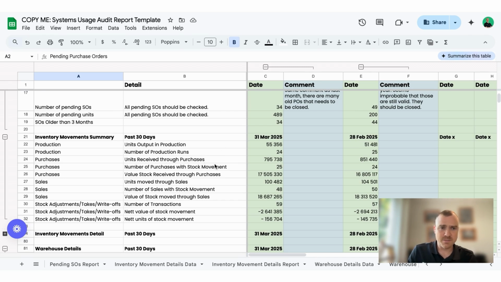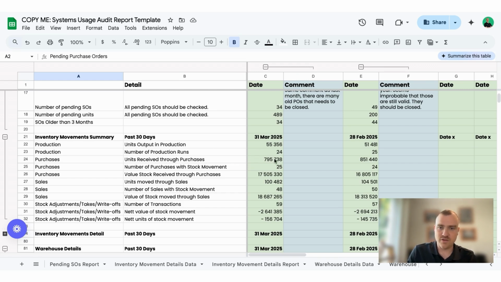All right. Next up is our purchases. And this doesn't show us the number of purchase orders created or units created for purchases. It has to do with how many units are actually received through purchases. So once again, looks more at your warehouse actually using purchase orders, so receiving stock coming in.